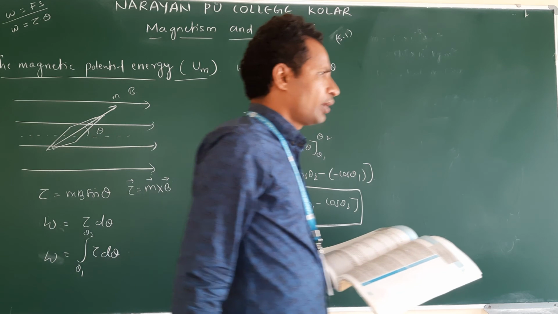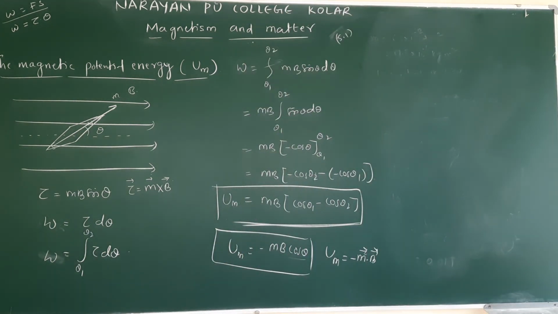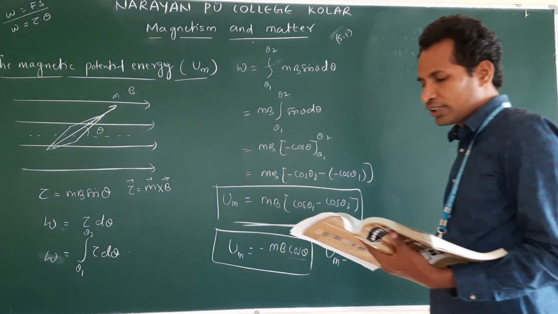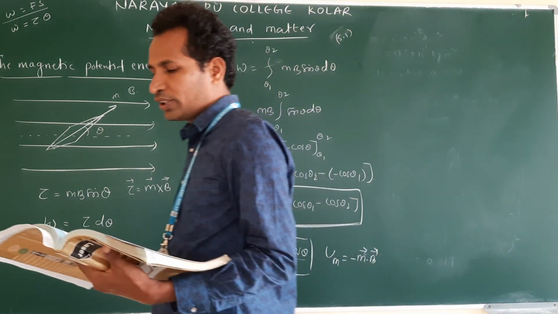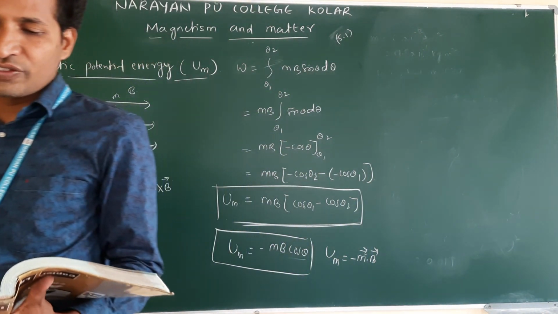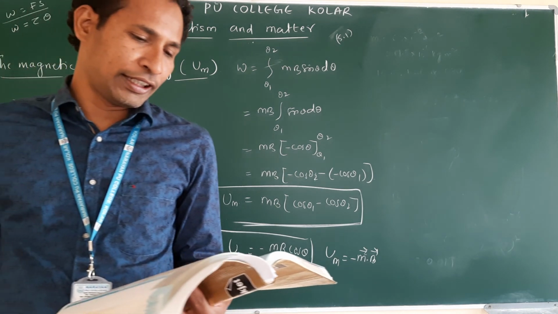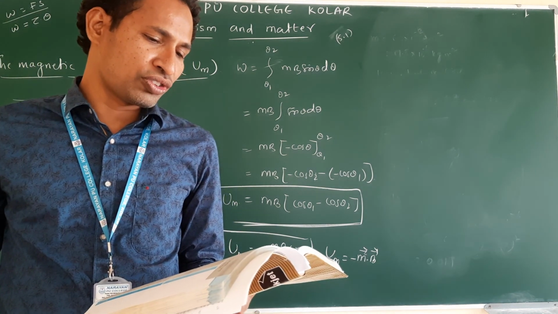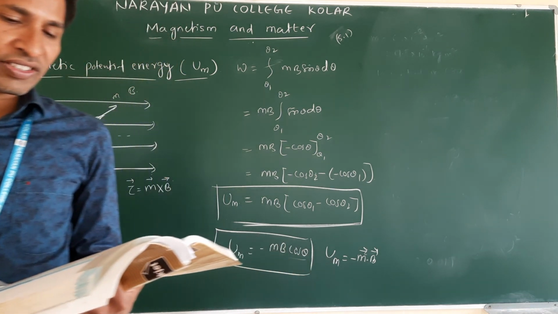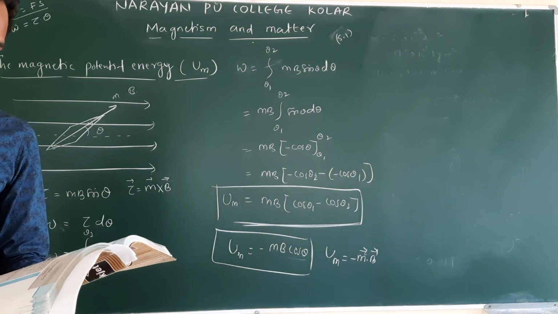Now second example problem. A bar magnet placed with its axis at 30 degree with an external field of 800 Gauss experiences torque 0.016 Newton meter. What is the magnetic moment of the magnet? What is the work done in moving it from its most stable to most unstable position?